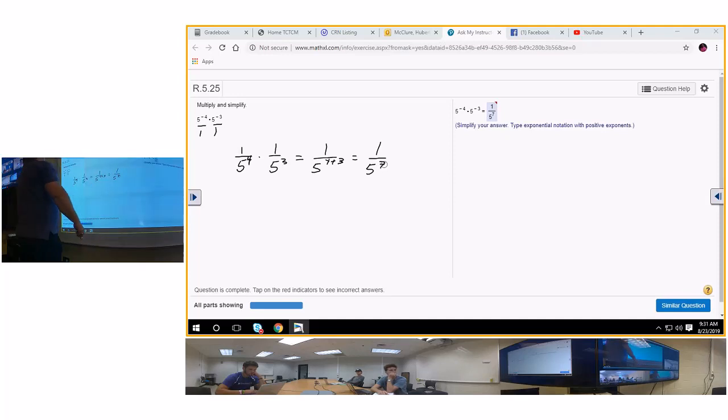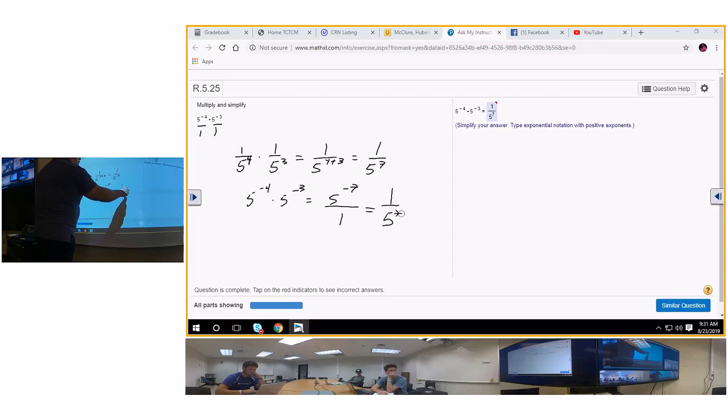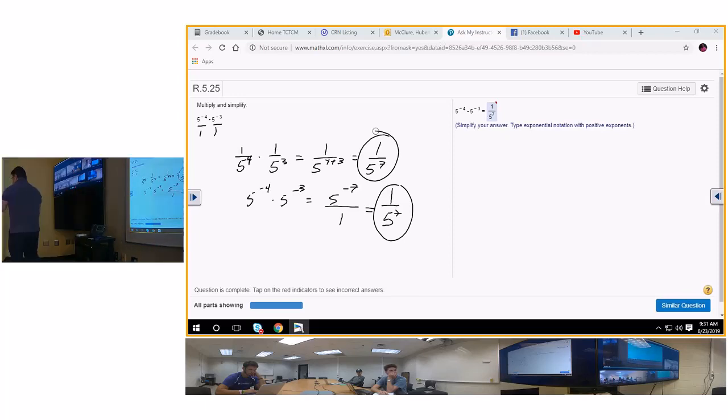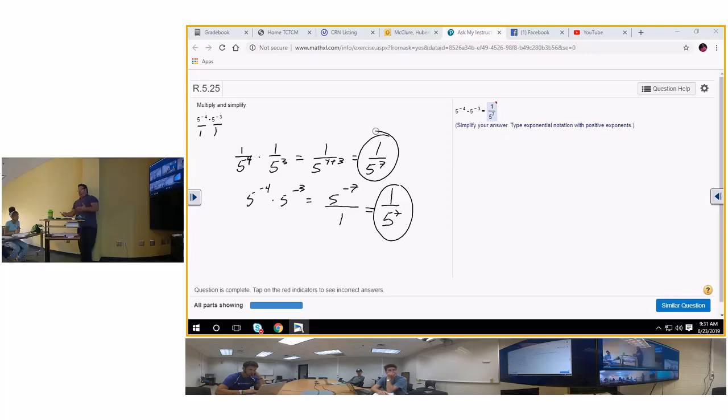Another way you can do it is say 5 to the negative 4th times 5 to the negative 3 is equal to 5 to the negative what? 7, and that's over 1, and now you flip it. Now, unless the question tells you to use a calculator, I would just do 1 over 5 to the 7th. Okay?